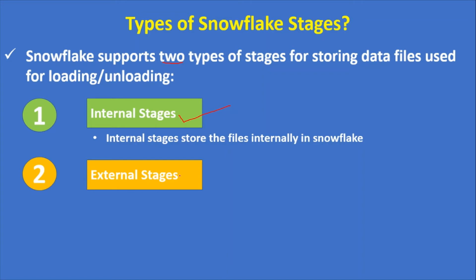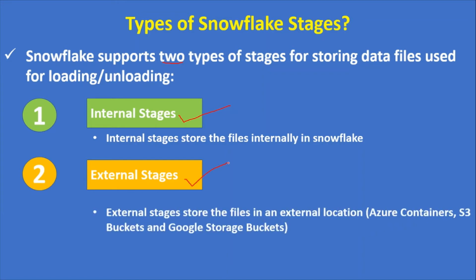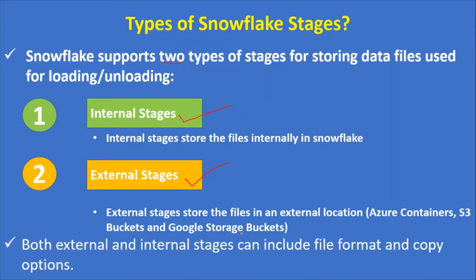And the second one is the external stages. External stages store the files in an external location, that is Azure containers, S3 buckets or Google storage buckets. Both external and internal stages can include a file format and copy options.